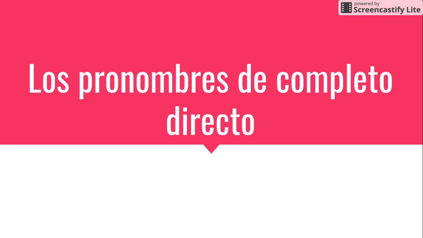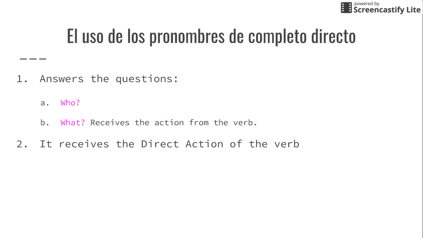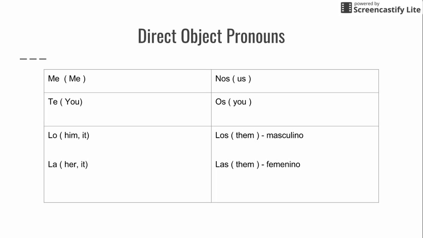The next pronoun is los pronombres de complemento directo, which are our direct pronouns. Our direct pronouns are used to answer the questions who or what receives the action from the verb. It receives the direct action of the verb. So, for example, over here we have the direct object pronouns me, te, lo, la, nos, os, los, masculino, y las, femenino.